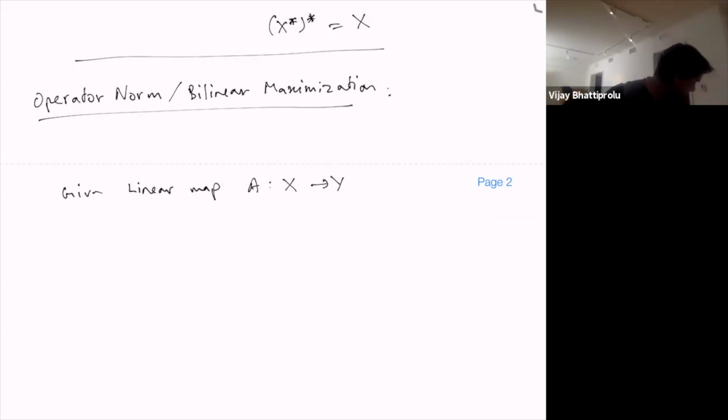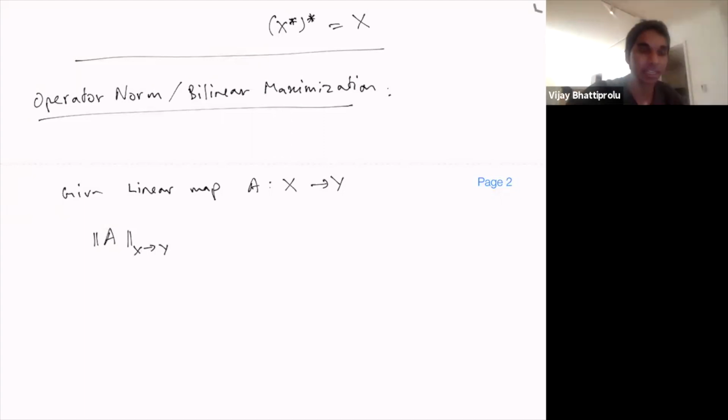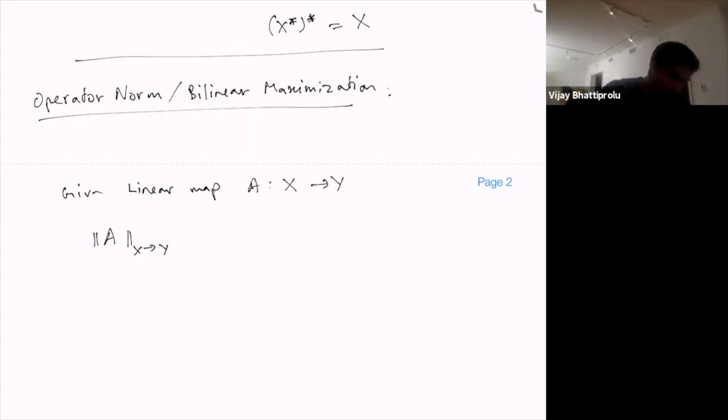We define the operator norm of A as the maximum amount that A stretches an X unit vector, where we measure the stretch in the destination norm Y. So stated algebraically, this is the maximum over x in the ball of X of the Y norm of Ax.